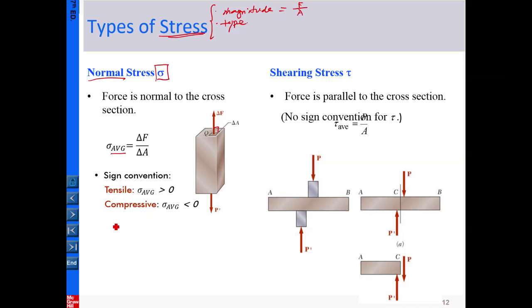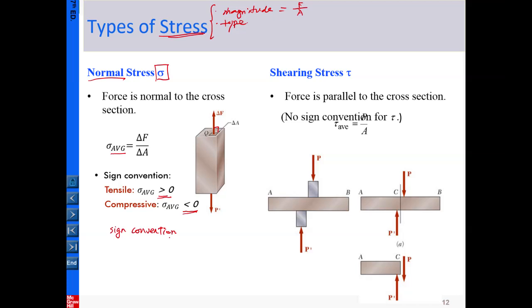Sign convention. Here in mechanics of materials, we have a sign convention. We define the tensile stress as positive. We define the compressive stress as negative.